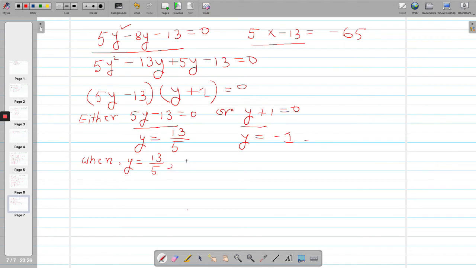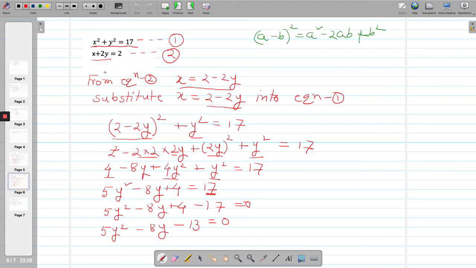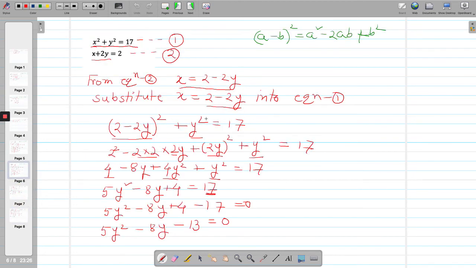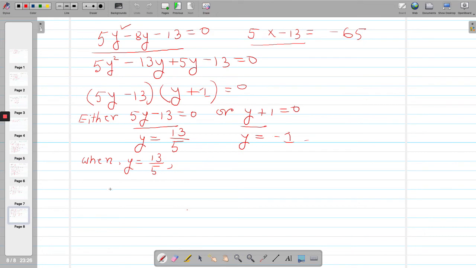Equation 2 is x plus 2y equal to 2. So x plus 2, instead of writing y you write 13 over 5, and that was equal to 2.